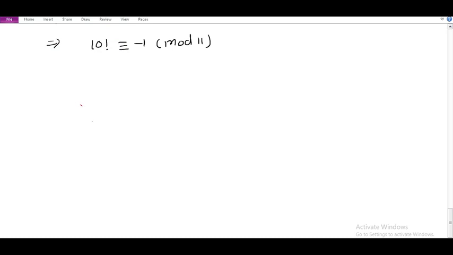Next question: show that 89 divides 2 raised to 44 minus 1.